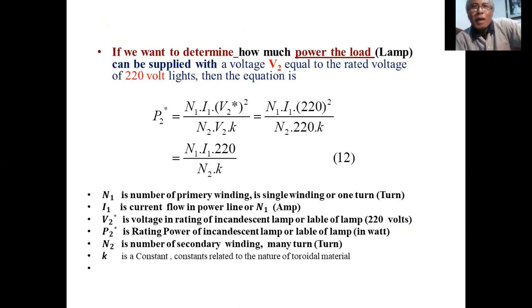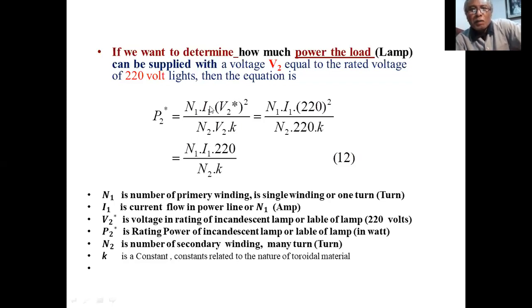To supply the load, a condenser lamp or electronic lamp with power P2 as on the nameplate of the lamp, with a voltage of 220 volts, requires a primary current on the power line equal to I1.